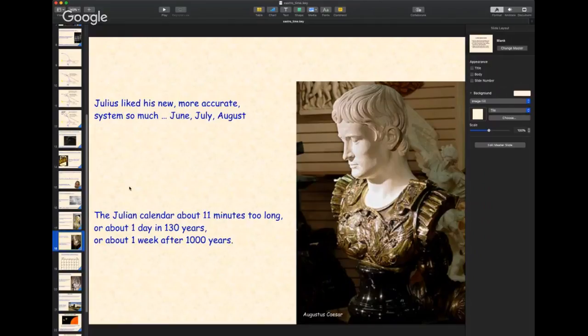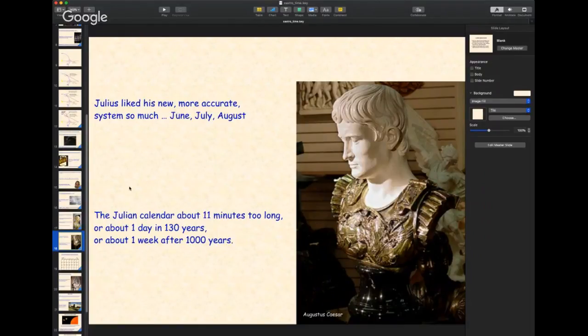So 365.25 is close, but it's not 365.2422. And so the Julian calendar is about 11 minutes too long, or about 1 day after 130 years, or about a week after 1,000 years. And so, okay, we're just going to punt on the problem and not worry about it.